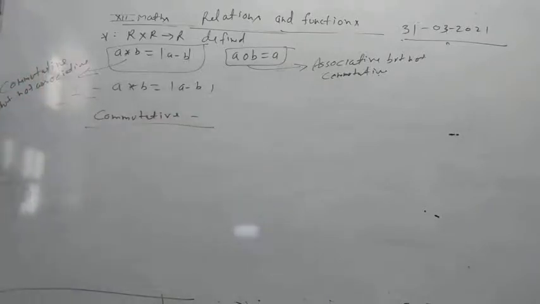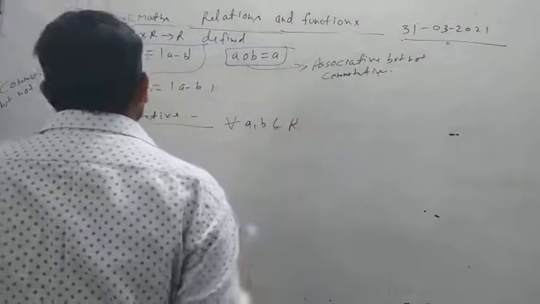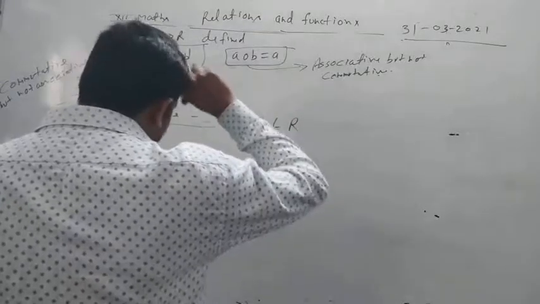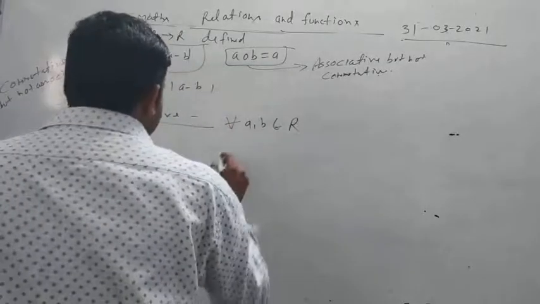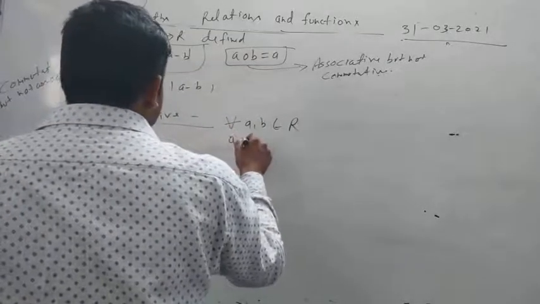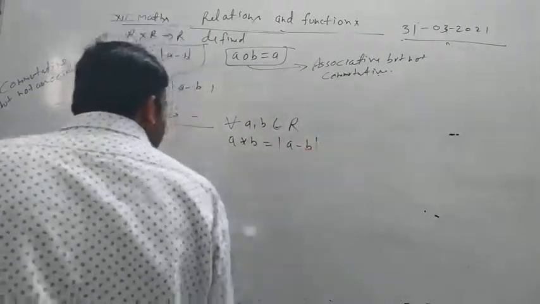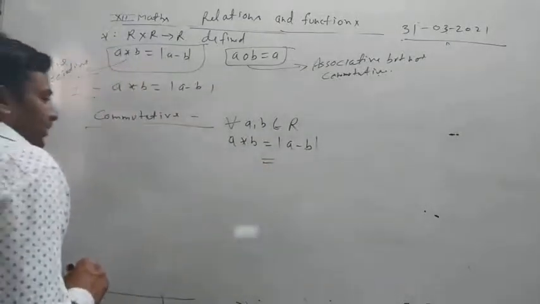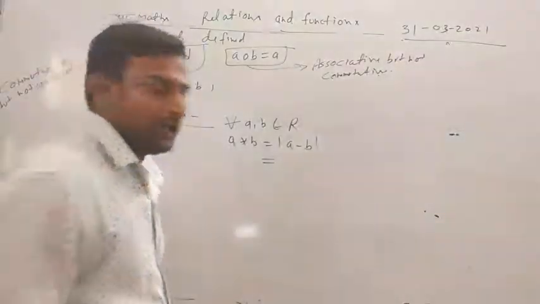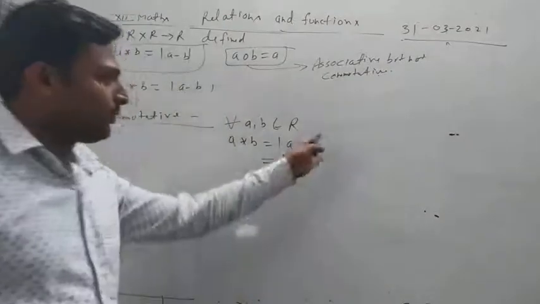Now students, taking any two elements of R, it is defined that a star b is equal to mod a minus b. So students, mod a minus b is positive. If we write mod b minus a, this is also positive.